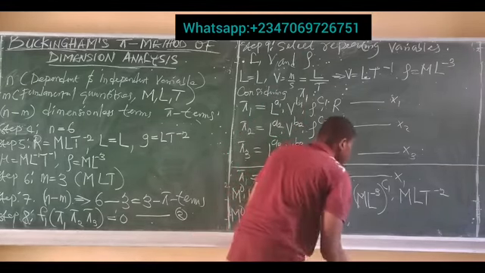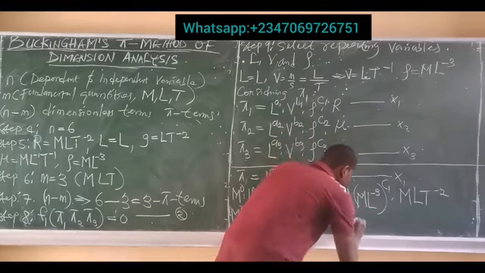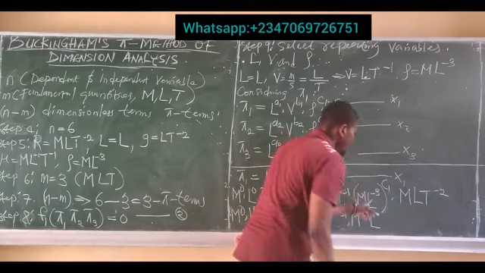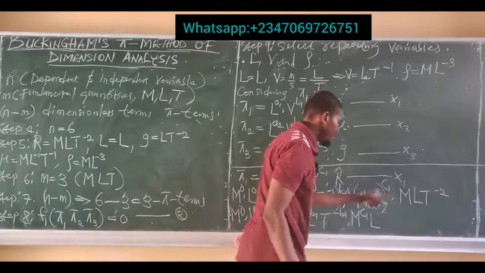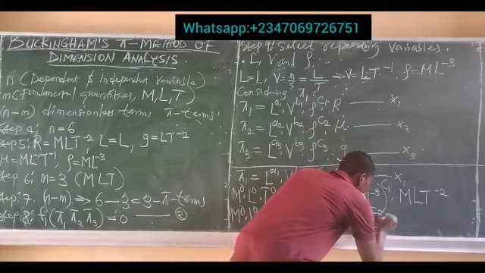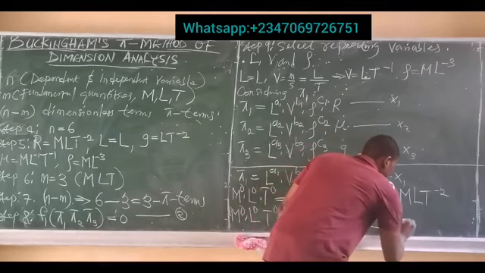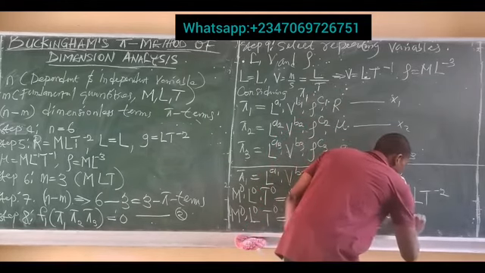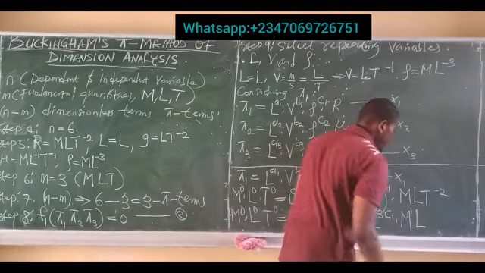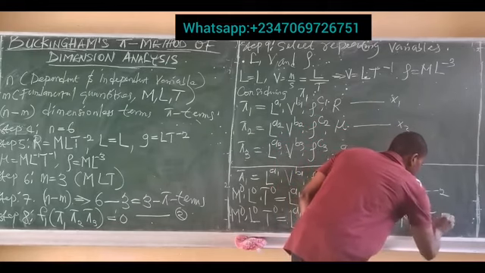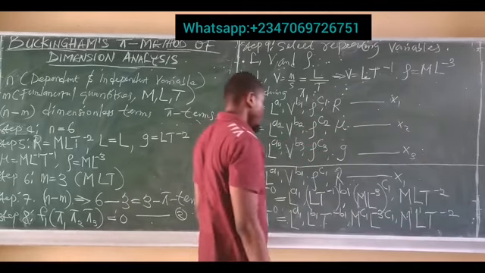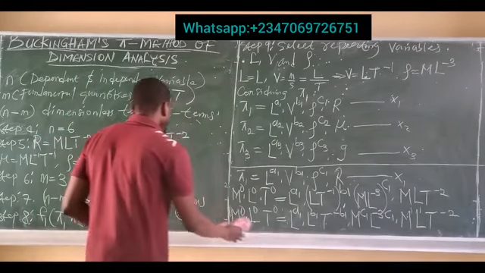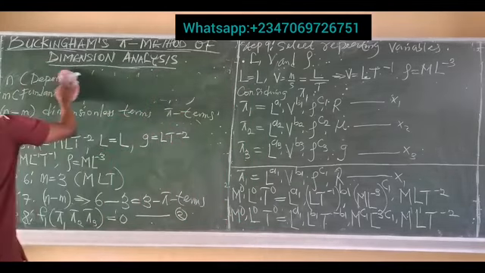Times same thing here, M to the power of C1, so I have M to the power of C1 times L to the power of, this is minus 3. So minus 3 times C1 gives us minus 3C1. Times M. Now, mind you, this M simply means M to the power of 1. L, same thing here. This L simply means L to the power of 1 and T to the power of minus 2. I have this equation like this. Okay, we can continue from here.